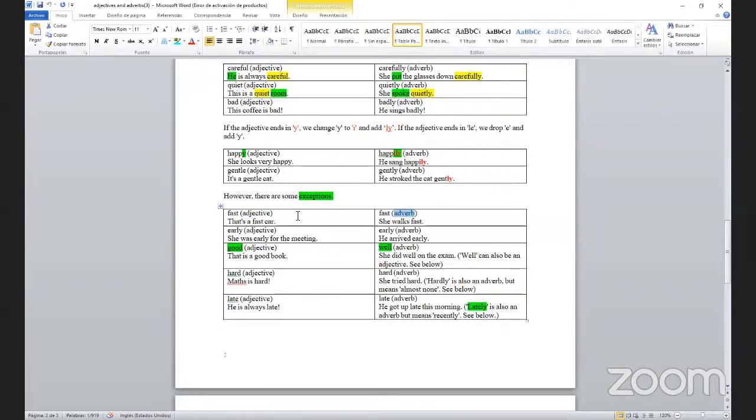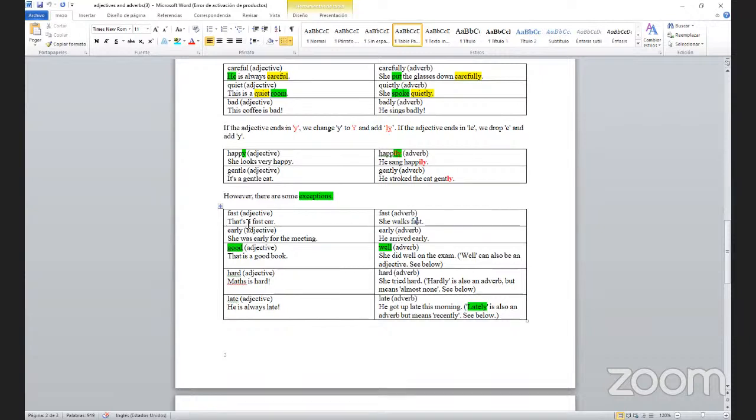Okay, so we don't add ly, fastly. This is irregular. So fast for adverbs and adjectives. That's a fast car. Ese es un auto rápido. She walks fast. Ella camina rápido.